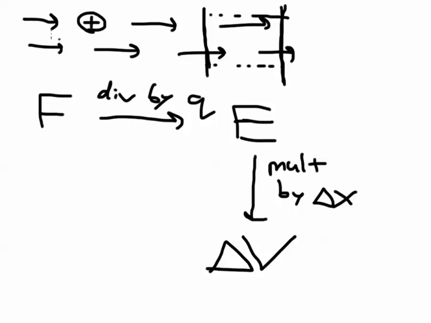And of course there's contours everywhere, right, that are perpendicular to the electric field, just like the hill contours are perpendicular to the slope arrows. Okay?